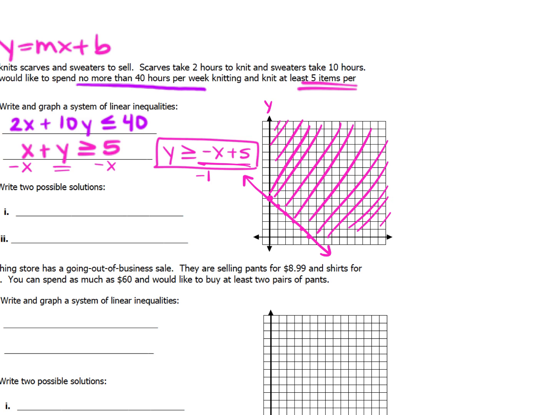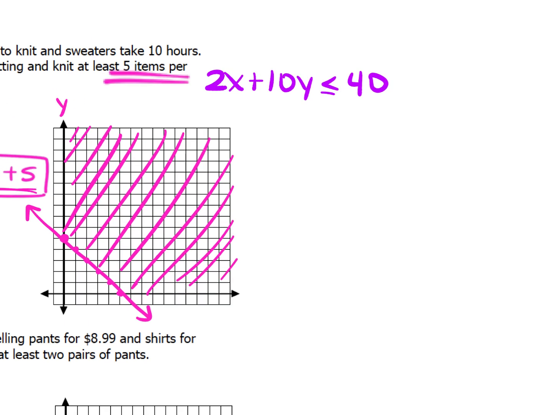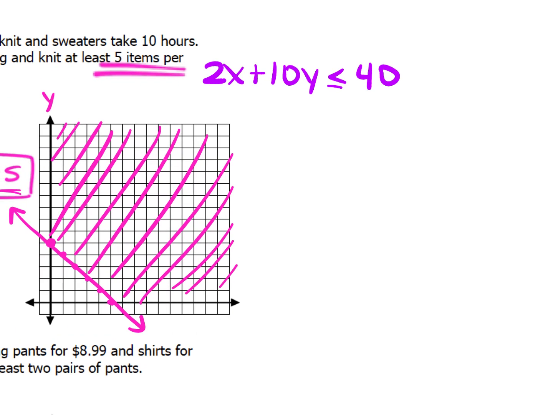The purple, I'm going to rewrite over here just so we have a little more room. Okay, what's your first move if we're trying to get y by itself? Take away the 2x. So you get 10y is less than or equal to negative 2x plus 40.